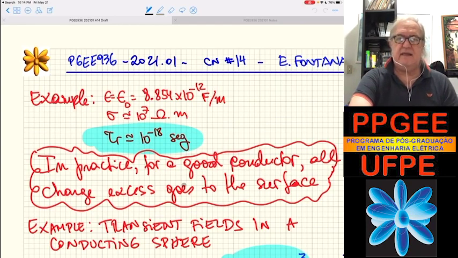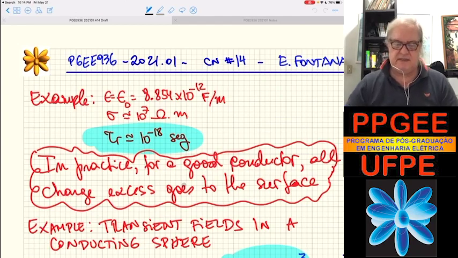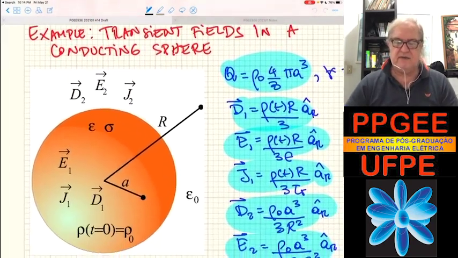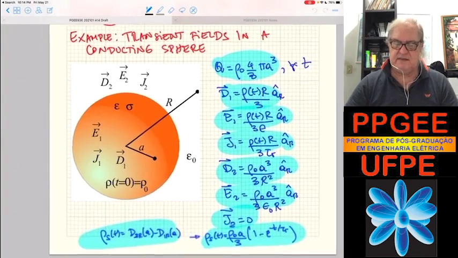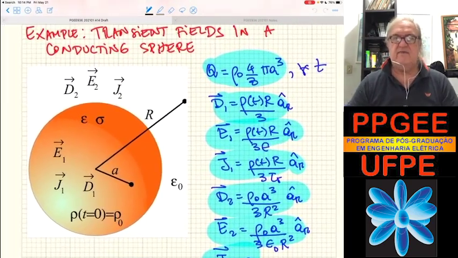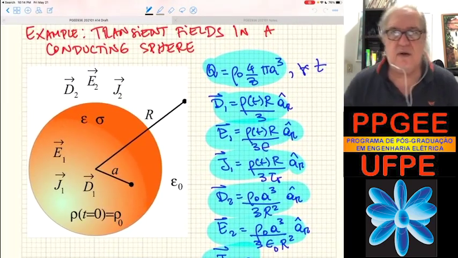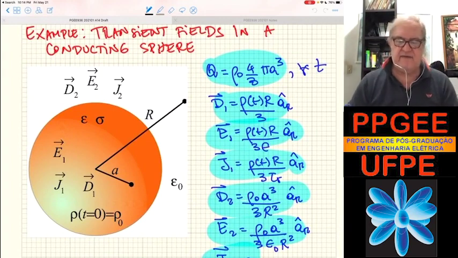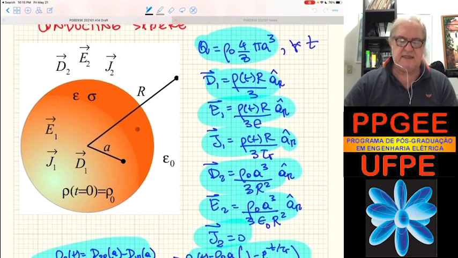We can calculate, for instance, transient fields in a conducting sphere. Very simply, using Gauss's law, assume that we have a sphere in which at t equals 0, the charge is injected and it is distributed uniformly with a density rho 0.